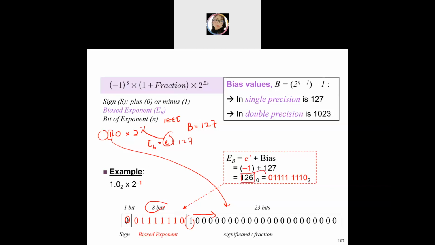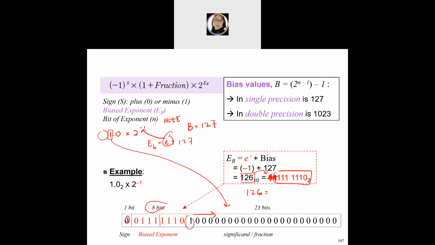We convert to binary. We will get 11111110. Okay, this is what we will get. Why is it too many? 1, 2, 3, 4, 5, 6, 7, 8. Can you double check? 126 is what?